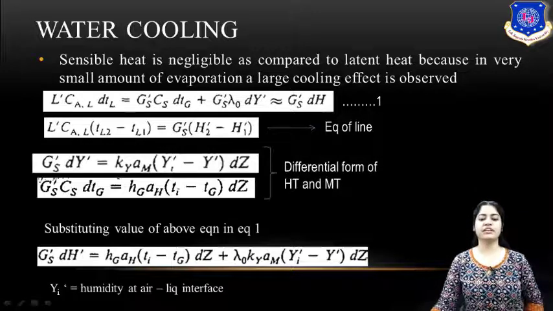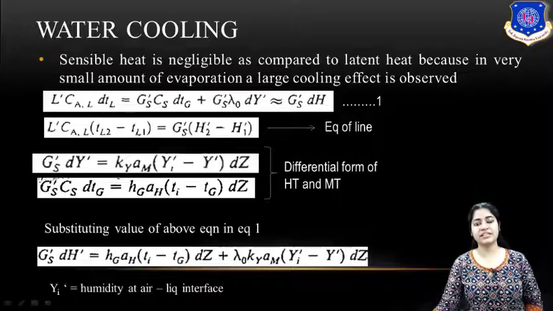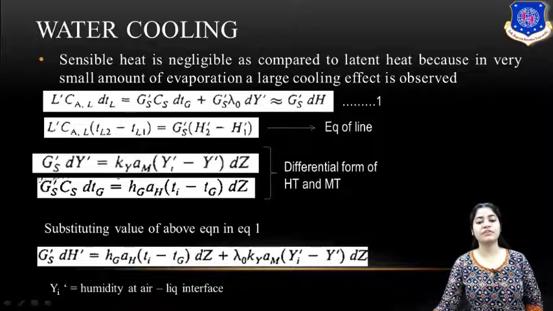So this Ky and Hg are the representation of mass transfer and heat transfer in the form of the mass transfer coefficient and heat transfer coefficient, whereas the left hand side terms of both equations are in terms of your dry air flow rate.